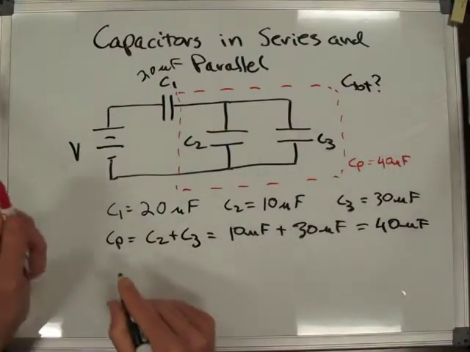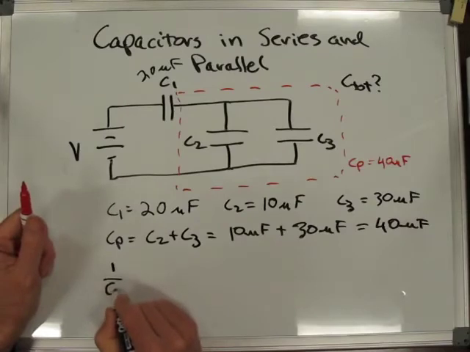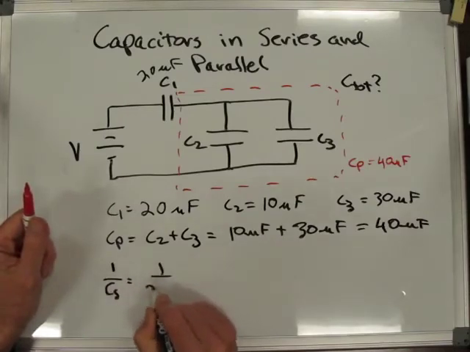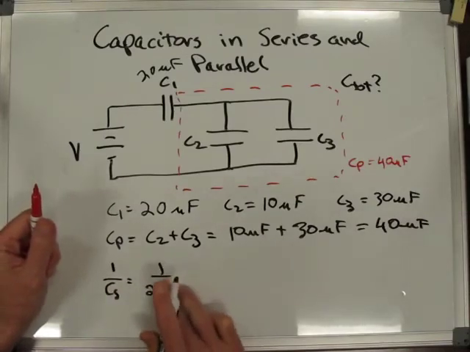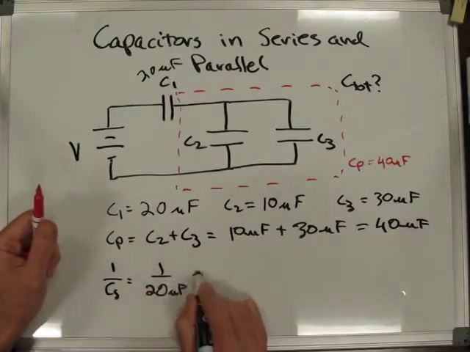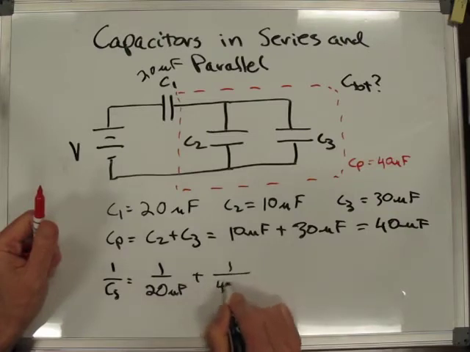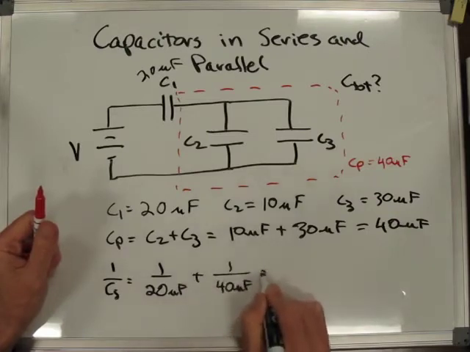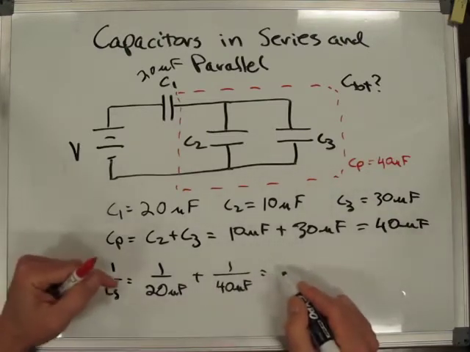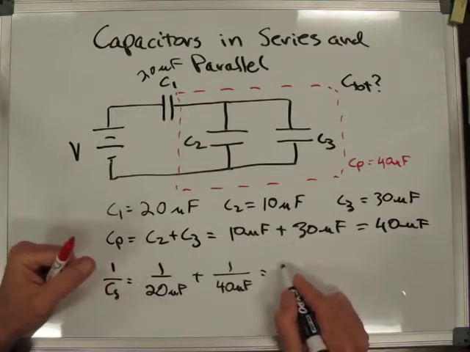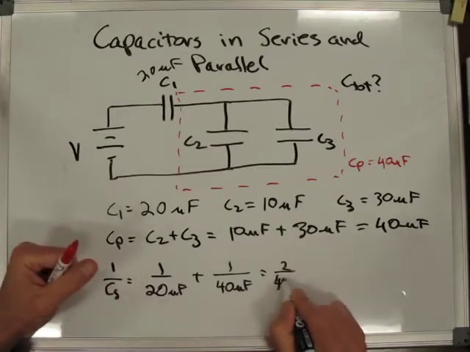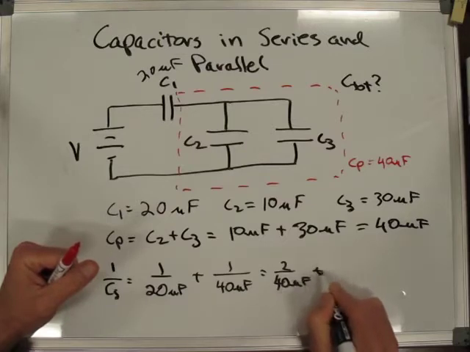So the total capacitance, 1 over C series, is equal to 1 over 20 microfarads plus 1 over 40 microfarads. If I want to avoid the calculator, that's 2 over 40 microfarads plus 1 over 40.